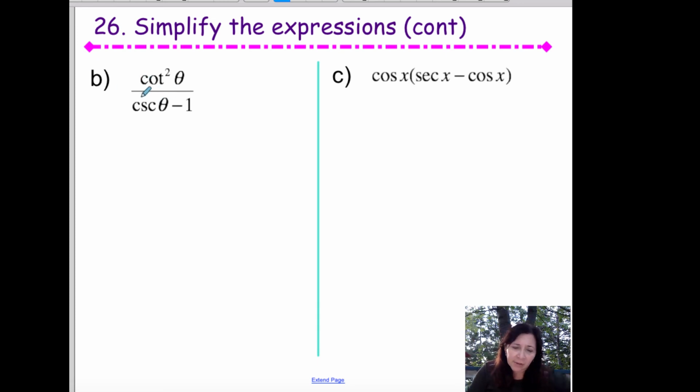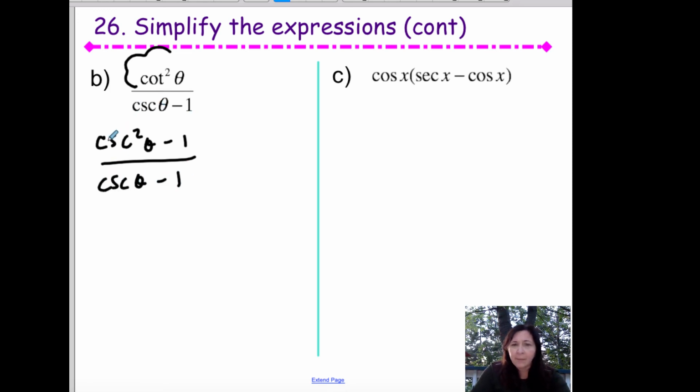More simplifying the expressions, we know that cotangent, so Pythagorean identities, I can change cotangent squared to cosecant squared of theta minus 1 over this here, which is just cosecant theta minus 1.